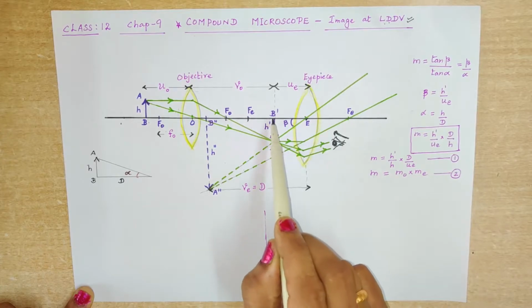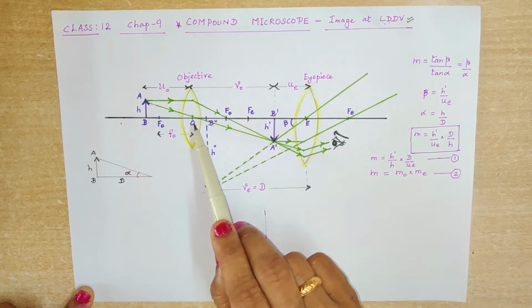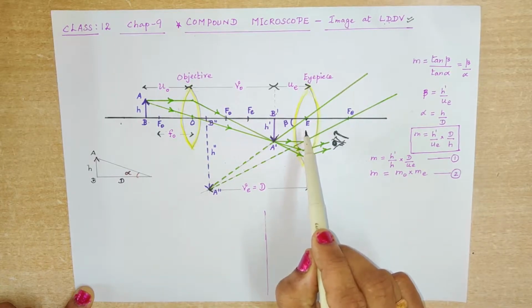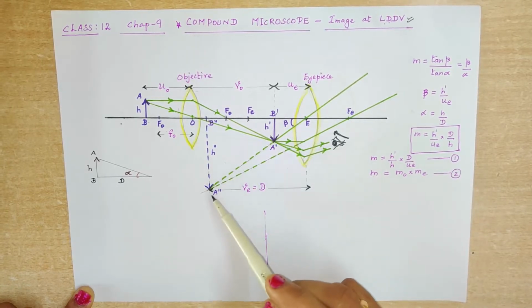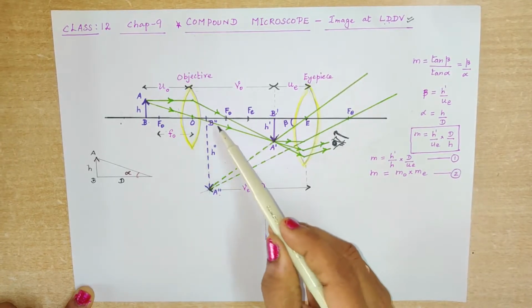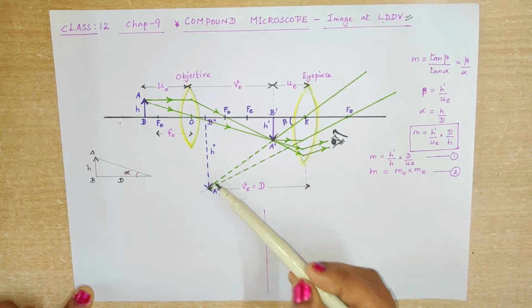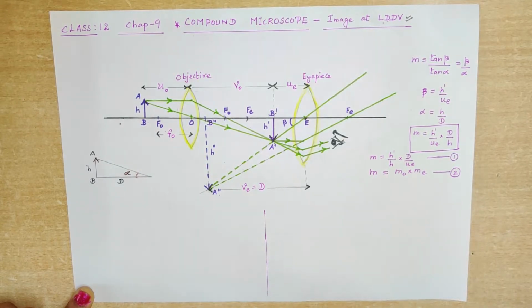Now this A'B', the inverted image formed by the objective lens, will behave as the object for the eyepiece. The object is kept between these two positions and forms the final image A''B'' at a very far distance. But definitely with respect to the original object, this final image is inverted.